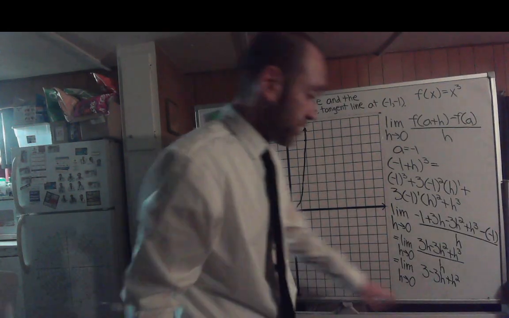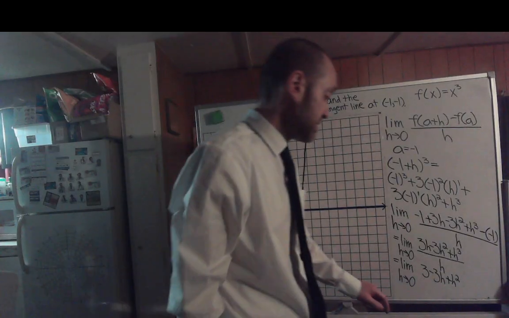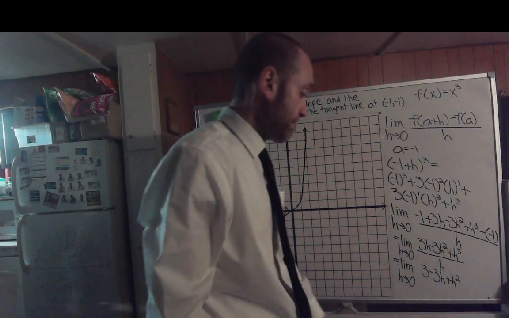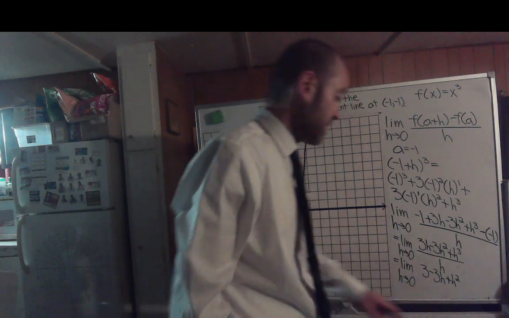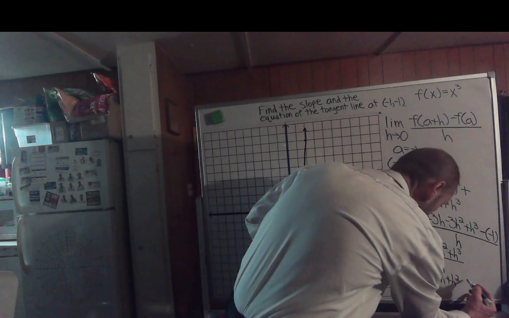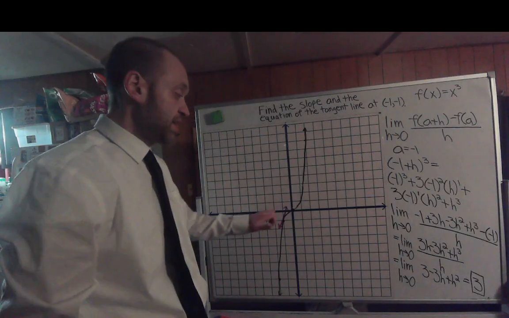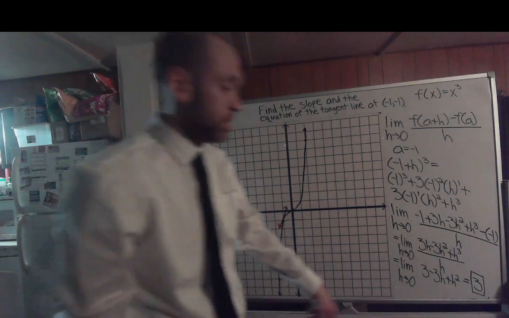And wherever you see an h, put in 0 by direct substitution, because this equation that's left after you factor, 0 is defined everywhere in this equation. You literally end up getting 3. That would actually be the slope of your tangent line, the instantaneous slope at the point -1, -1.